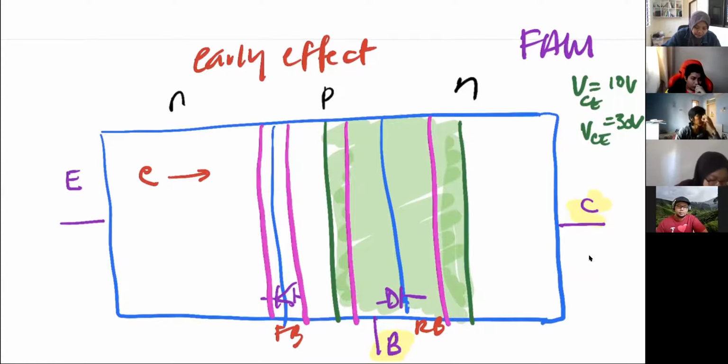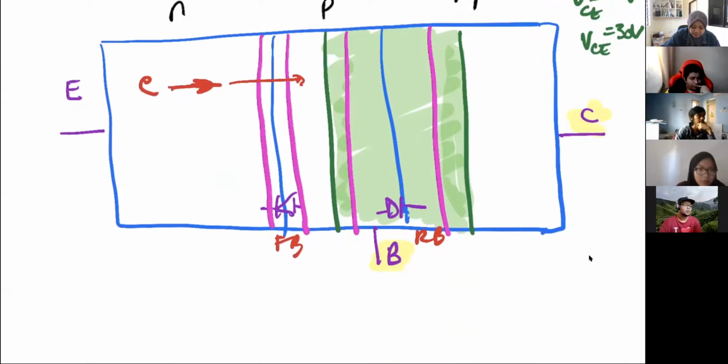So when the electron diffuses here, it will go to the base junction. So what happens at the base? Recombination. So what recombines with what?